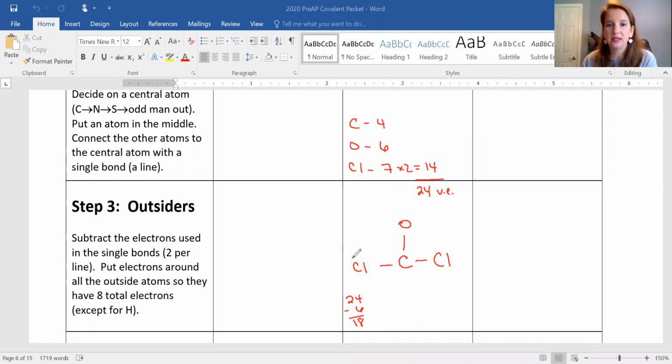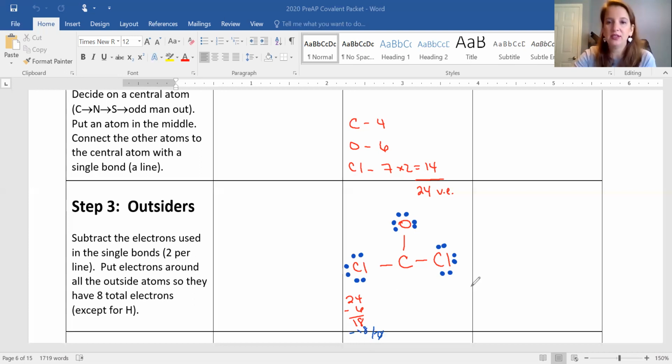So we'll put 6 electrons on the outsides. Let me undo those ones. Okay, so now all of our outside atoms have 8 valence electrons. We just drew 2, 4, 6, 8, 10, 12, 14, 16, 18. And we have nothing left over.